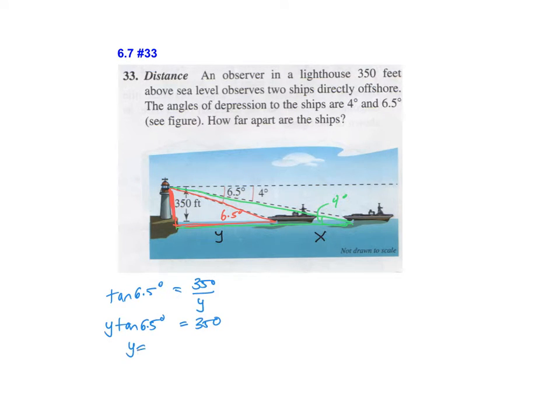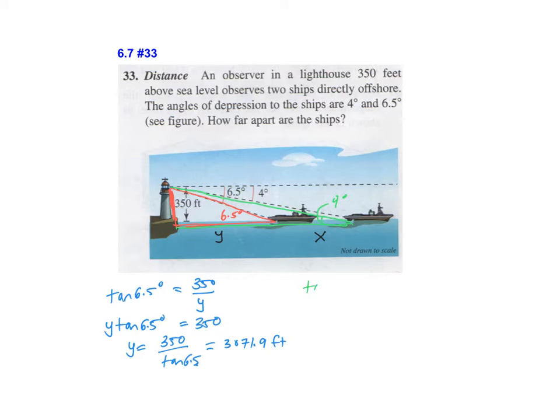And I can determine y by dividing both sides by tangent of 6.5. So y is equal to 350 divided by tangent 6.5. And if you enter that into your calculator, you'll find that y is 3,071.9 feet.